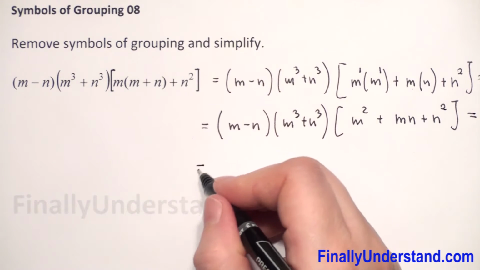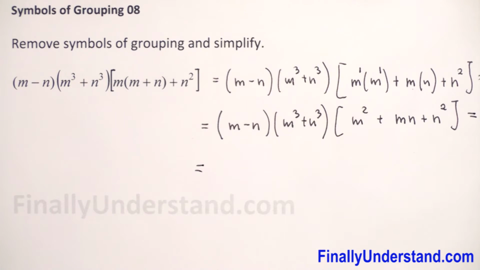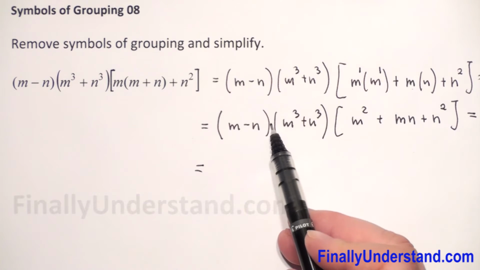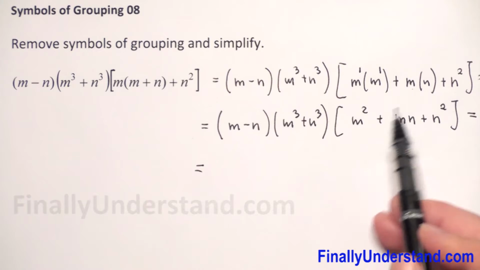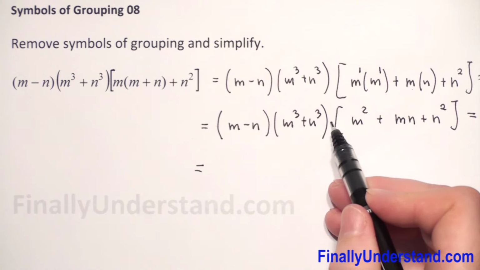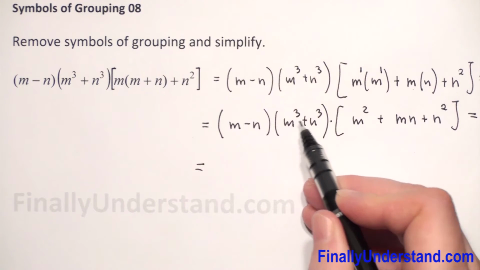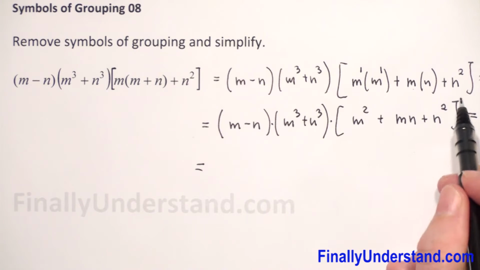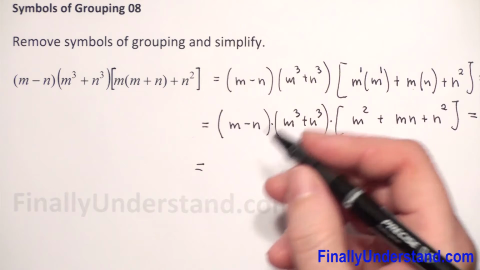This is equal. Next we have here multiplication between these parentheses, and inside brackets we cannot do anything, so we have multiplication between these parentheses and brackets. We can change brackets to parentheses.